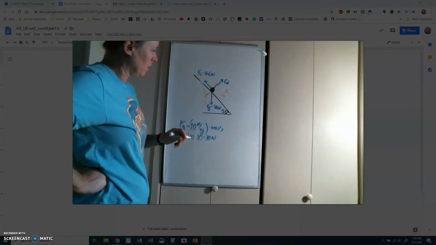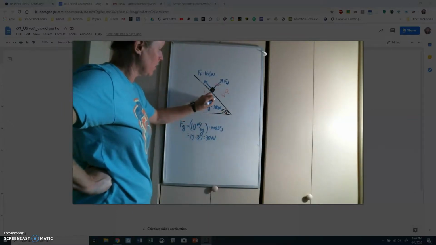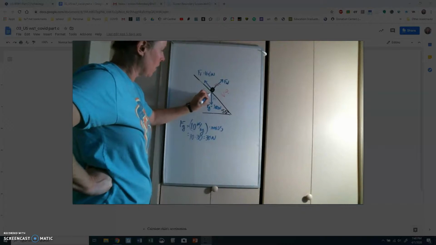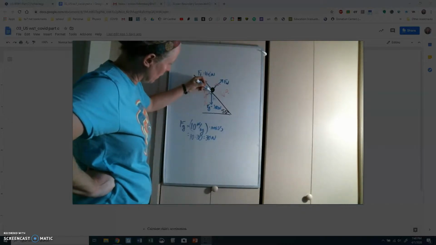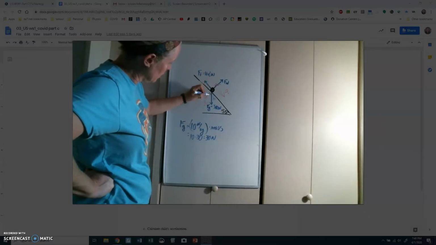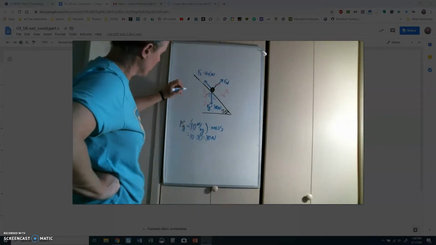What would that be? Not 45. This would be 35, okay? So then what would this angle be, right? Well, this forms a right angle here and here, so this would be 55 degrees.